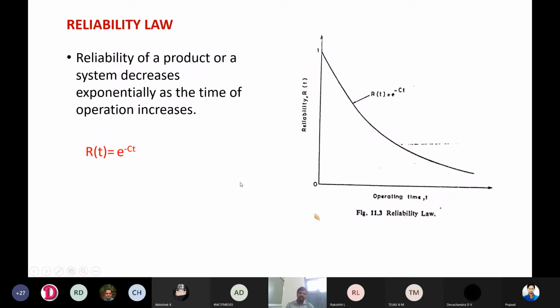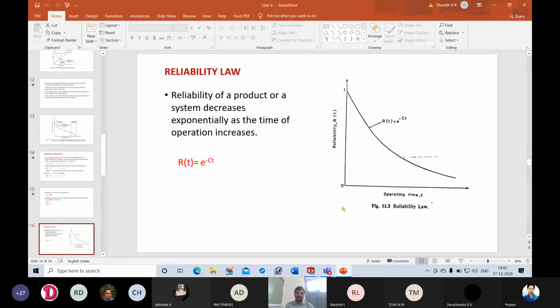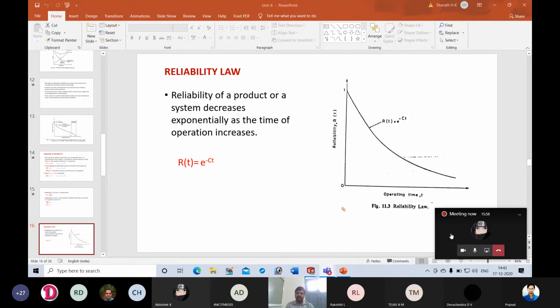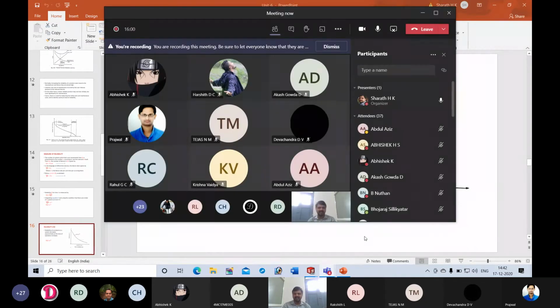You can consider the example of purchasing a used car or second-hand car. You know the value of a new car and a second-hand car. Even if the car has been used only for 6 months, there will be a huge difference between a new car and a car used for 6 months, because used cars have less reliability compared to new cars.